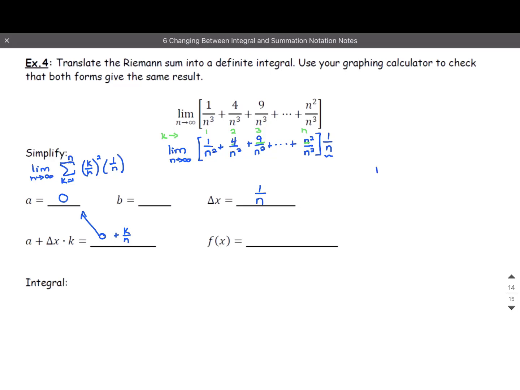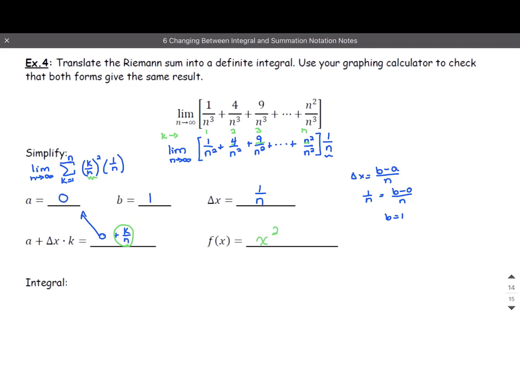We now can find our b minus a over n is delta x. So 1 over n has to equal b minus 0 over n. So b must be 1. Now what function did we substitute this k over n into? K over n is being squared, so f of x is x squared.